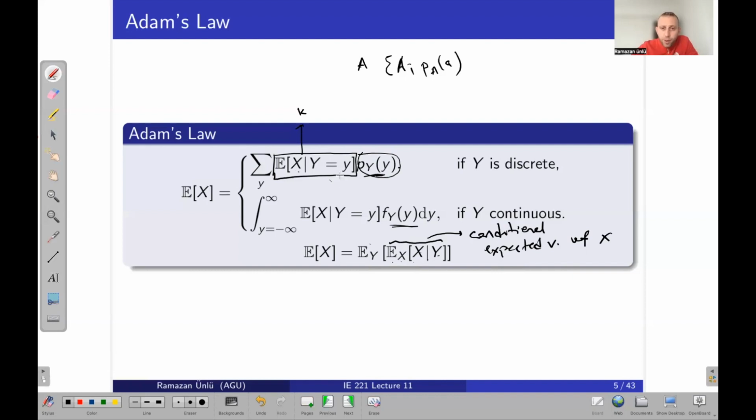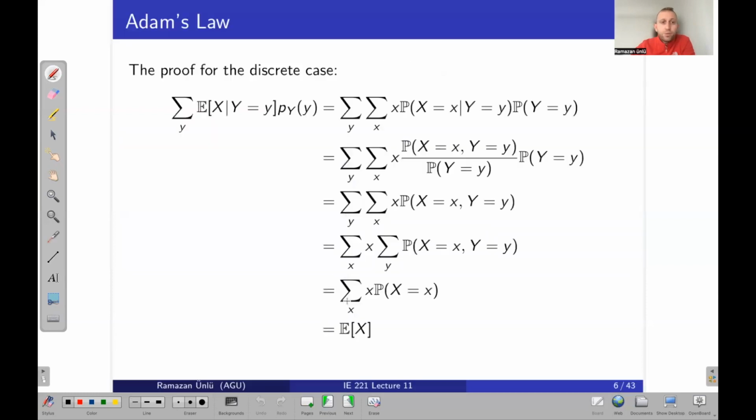Actually, I am calculating the expected value of a conditional expected value of X, so I can use this formulation. That can be a little bit complicated for now, but I will give you an example to make things more clear. Remember that the inside term is a function of X, and the total expression is a function of Y.